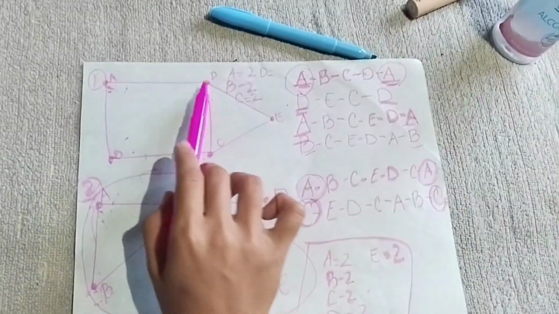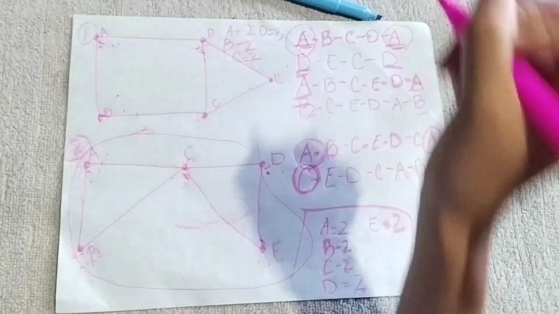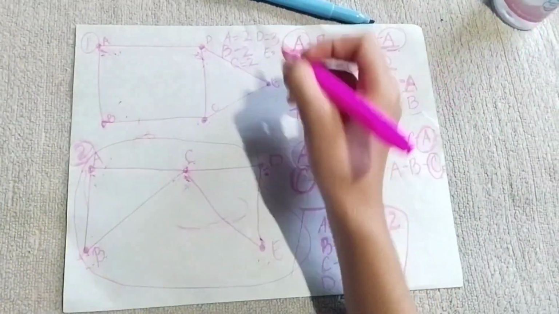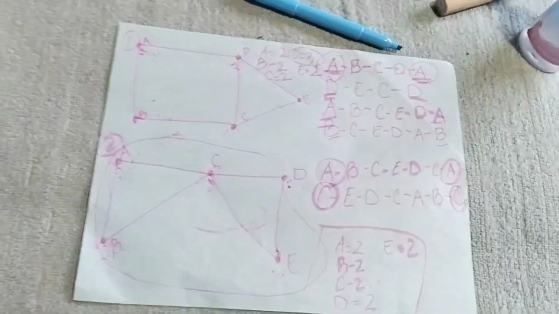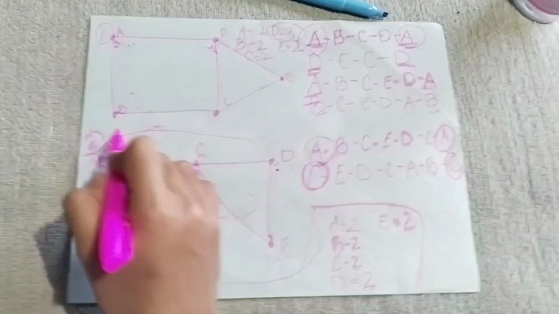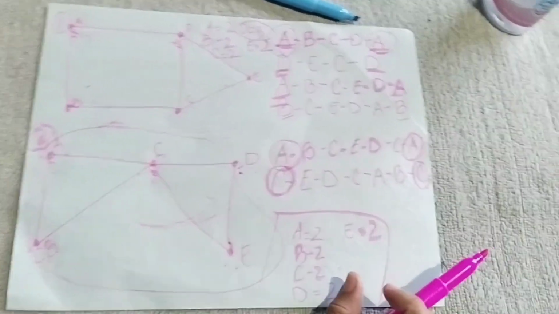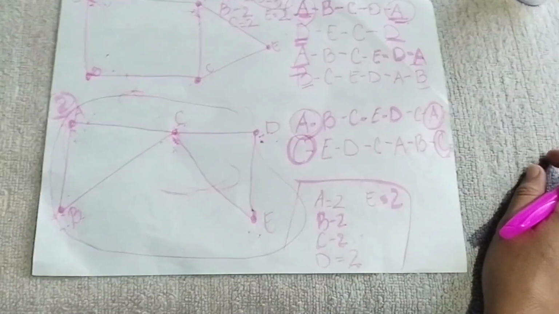D has D to A, D to C, and D to E, so it has 3 degrees. E has 2 degrees. Because D has 3 degrees, which is odd, this graph is not Eulerian. Remember, not all vertices in such a graph have even degrees.